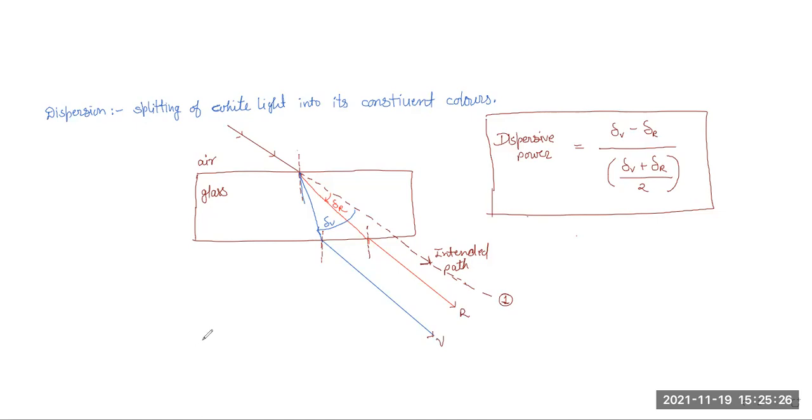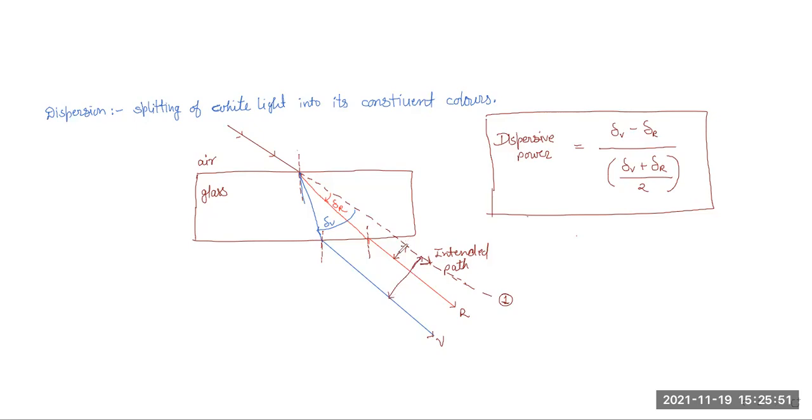So we can say that this glass slab has introduced this distance between their original track and the new track. This is the distance that has been introduced between their original intended track and the new track.